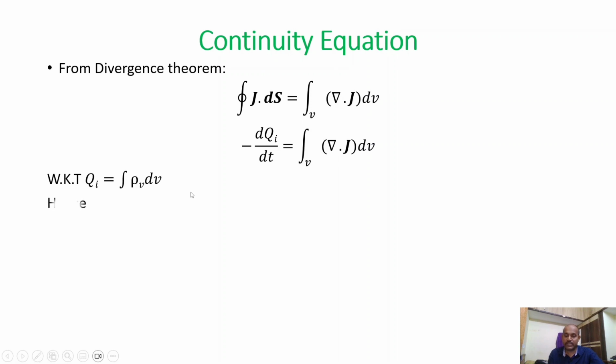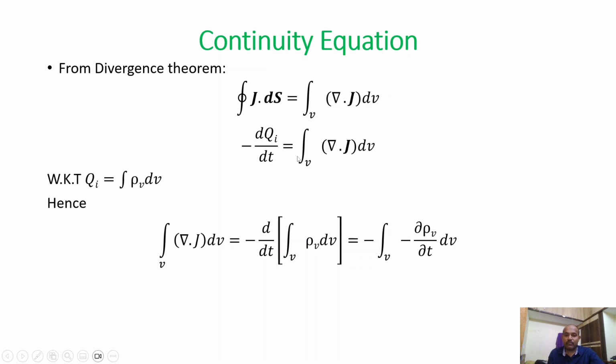The above equation now becomes: the volume integral of del dot J dV can be written as minus d by dt of the volume integral of rho v dV, in place of Qi. If I send this differentiation inside, it becomes a partial derivative. Sorry, there is only one minus here.